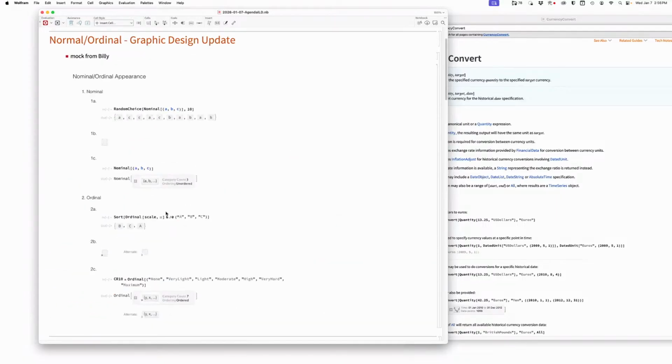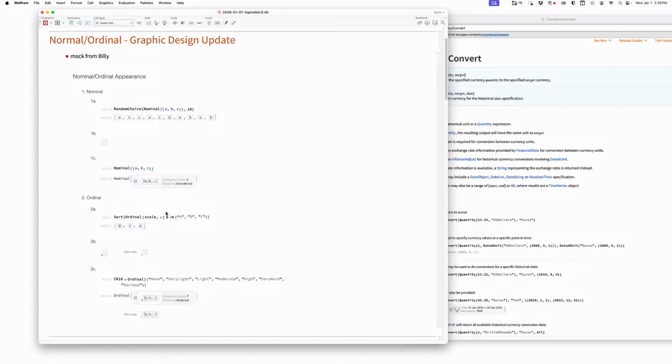Okay, great. Let's talk about the nominal appearance of nominal. What is the current proposal? So the current proposal is based on what we'd spec'd out during the review: a tinged gray background to indicate these aren't just bare expressions.